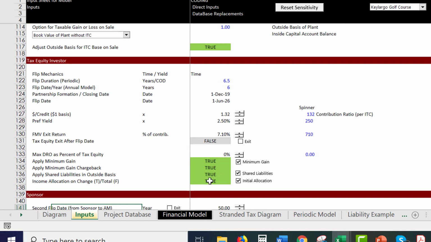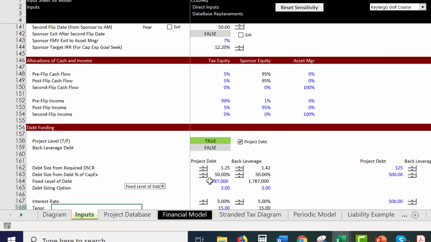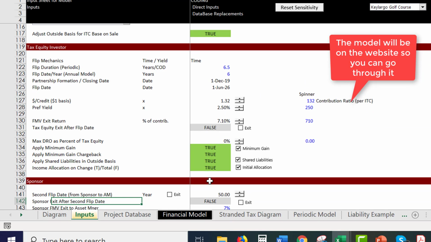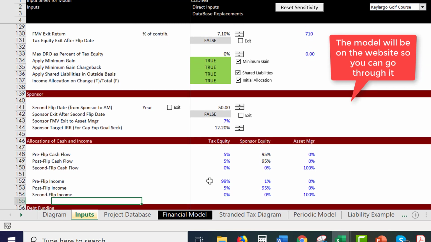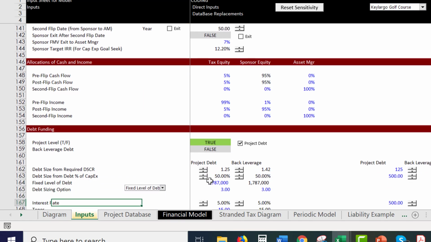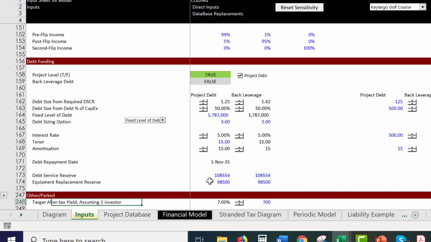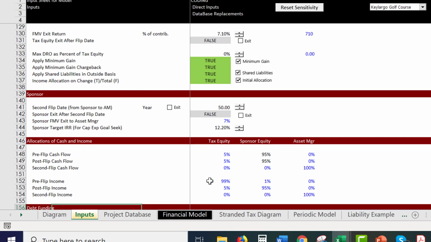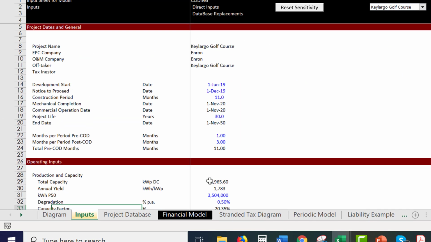Then we put the assumptions only for the tax investor. Then we put the assumptions for the other party, who's the sponsor. And then once you put those assumptions in, you have to allocate the income and the profits differently. And finally, you can put some debt financing assumptions in. That's my suggestion on structuring the model.